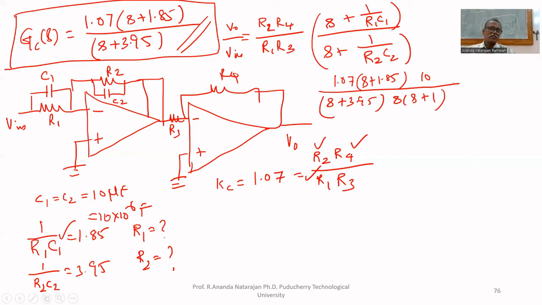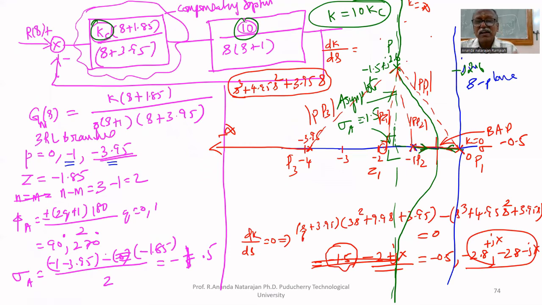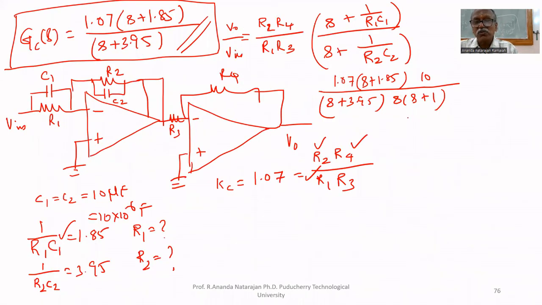This is the compensated system. For that, we have to draw the root locus in MATLAB and check whether it is passing through. Here already we manually drew an approximate plot. So let us check in MATLAB whether it is passing through that or not.